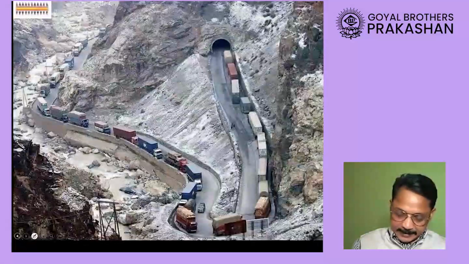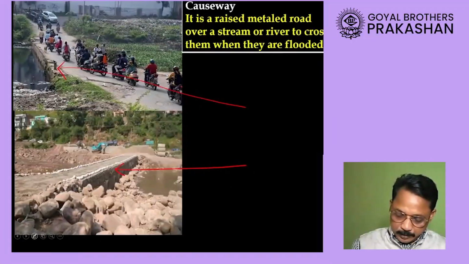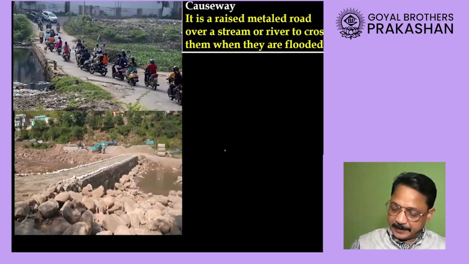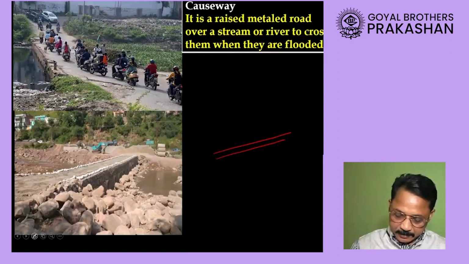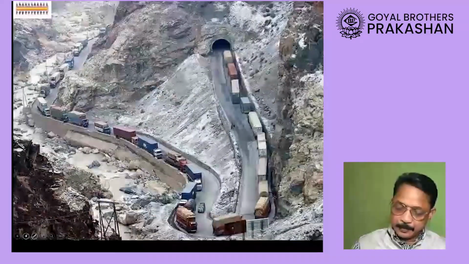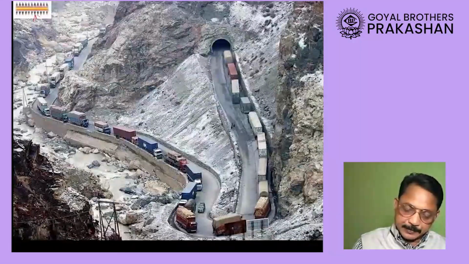Now sometimes around a road you may find black color lines. Suppose this is a road, around this road the lines drawn are black color lines. They are shown in this next picture. See this.